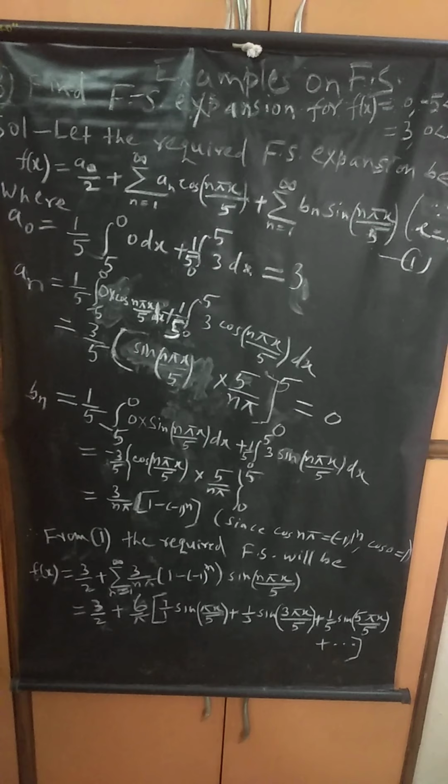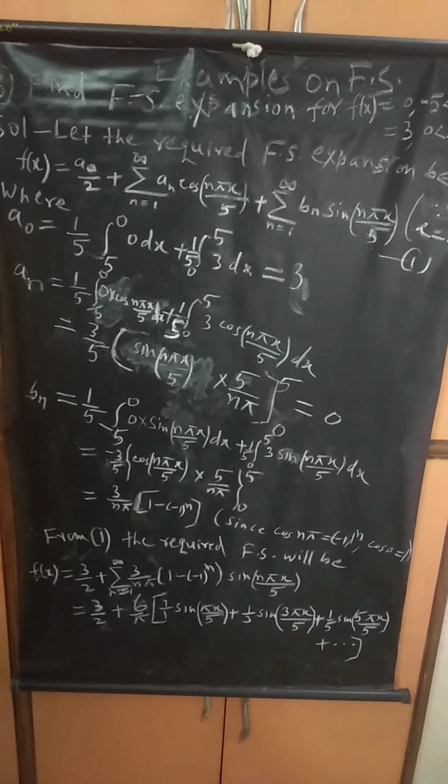Our starting step is to find L. Here the interval is minus 5 to 5, and therefore we compare this with minus L to L, and we get L equal to 5.